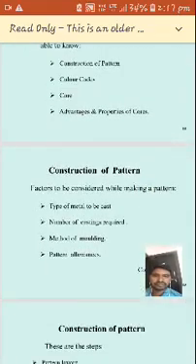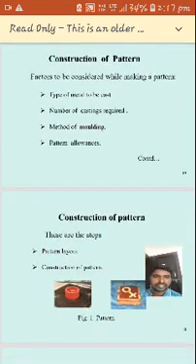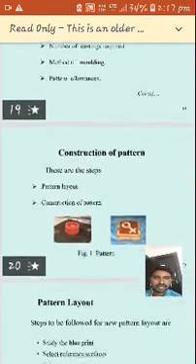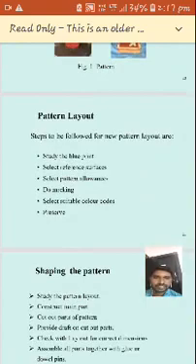Construction of the pattern, how the pattern is constructed. The factors to be considered while making the pattern: the type of metal to be cast, the number of castings required, methods of molding, and pattern allowances. These are the steps: pattern layout and construction of the pattern. What does pattern layout mean?